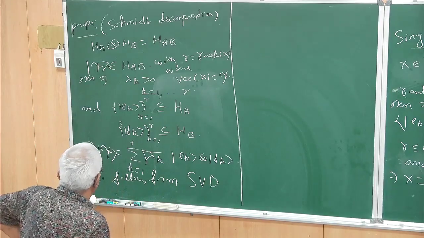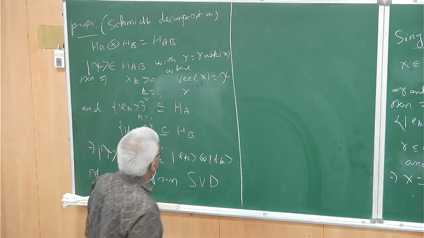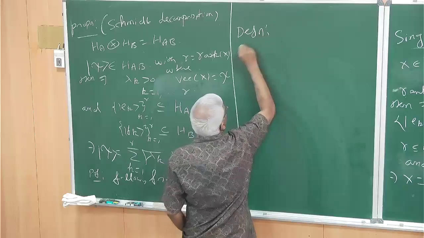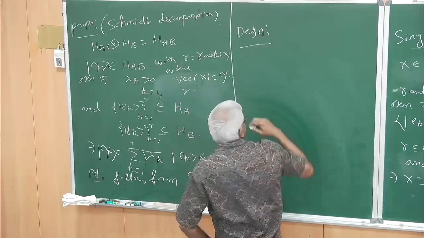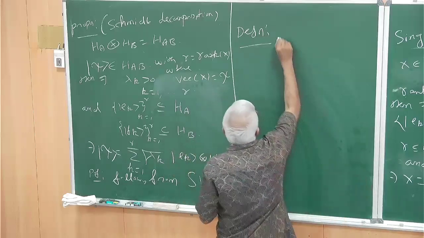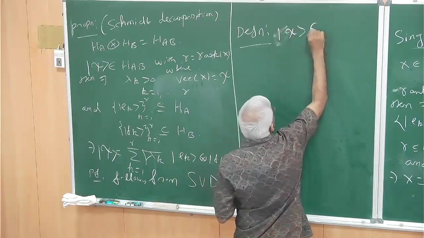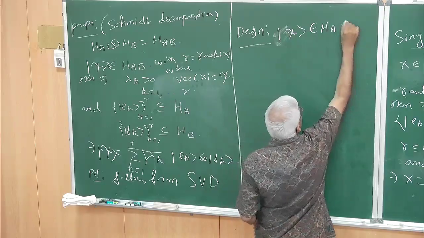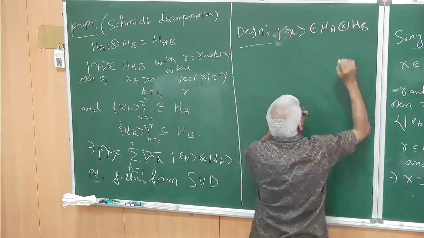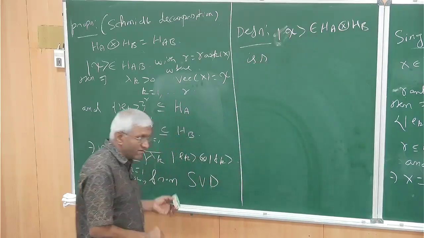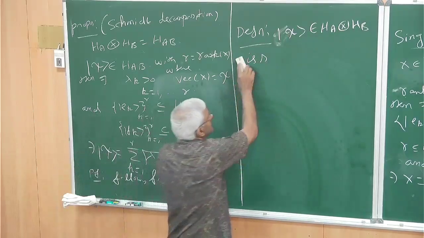Now we will define entanglement and separability, of course for tensor products. A vector chi in HA tensor HB is, no, it's for mixed states. Sorry, I want to define it for mixed states. It's a general definition.